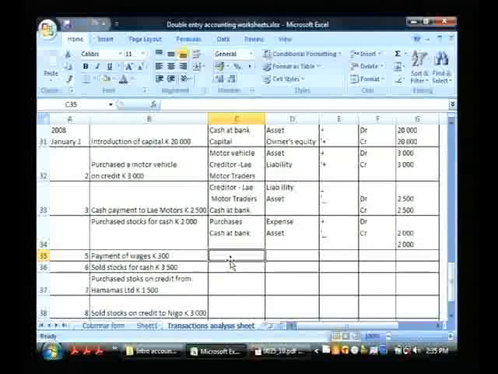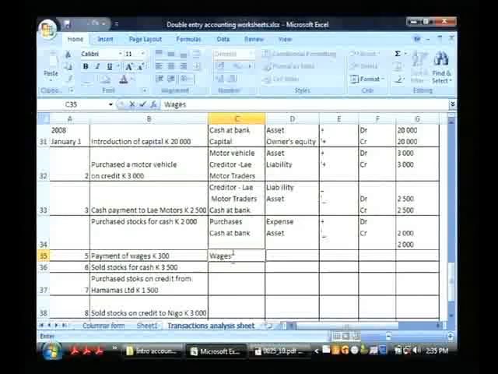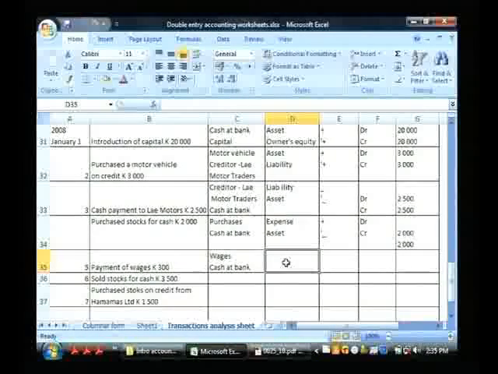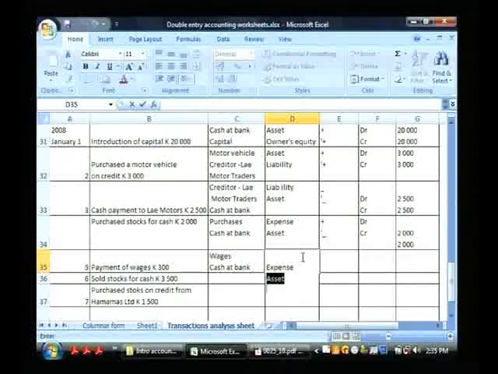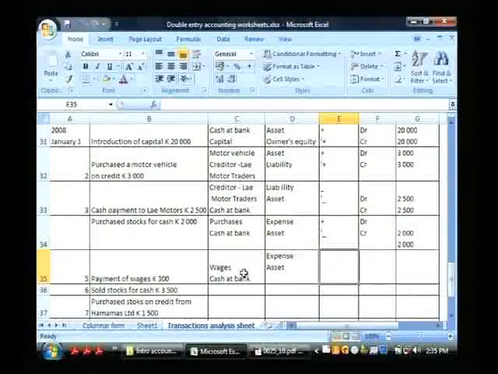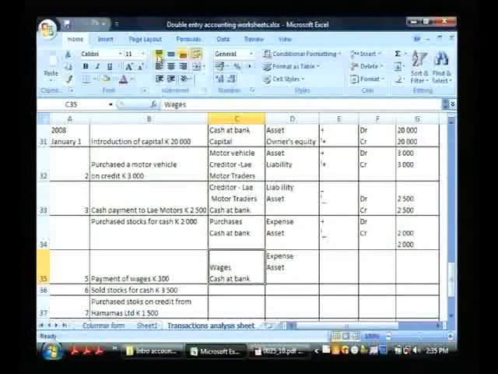Payment of wages, wages account debit, and cash at bank, wages expense. It is an expense, cash at bank, asset.